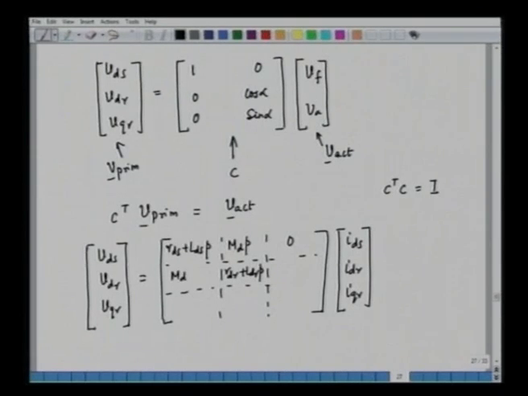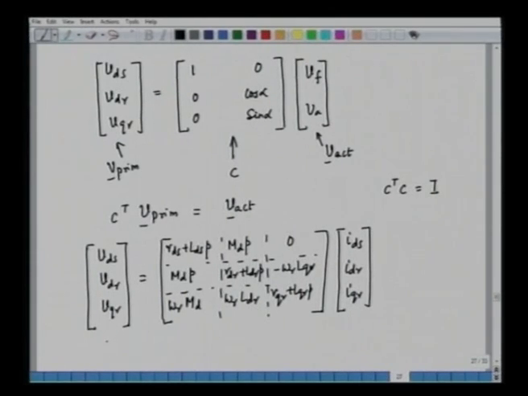Now, this is MdP and we have the rotationally induced EMF, that is omega R LQR. The third row would be RQR plus LQRP, and then we do not have any coupling with the d axis stator, but there will be rotationally induced EMF. So, we have omega R into MD and here we have omega R into LDR.